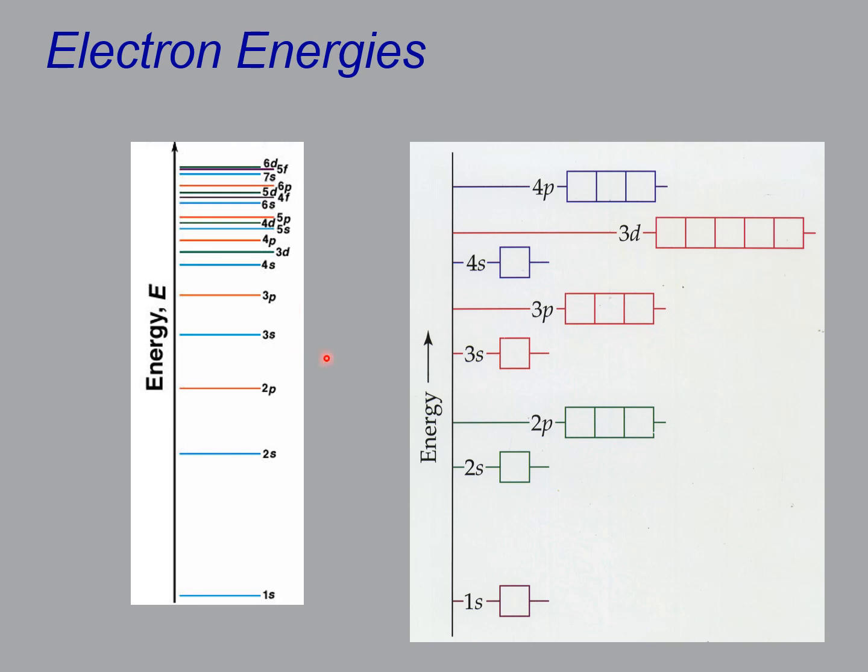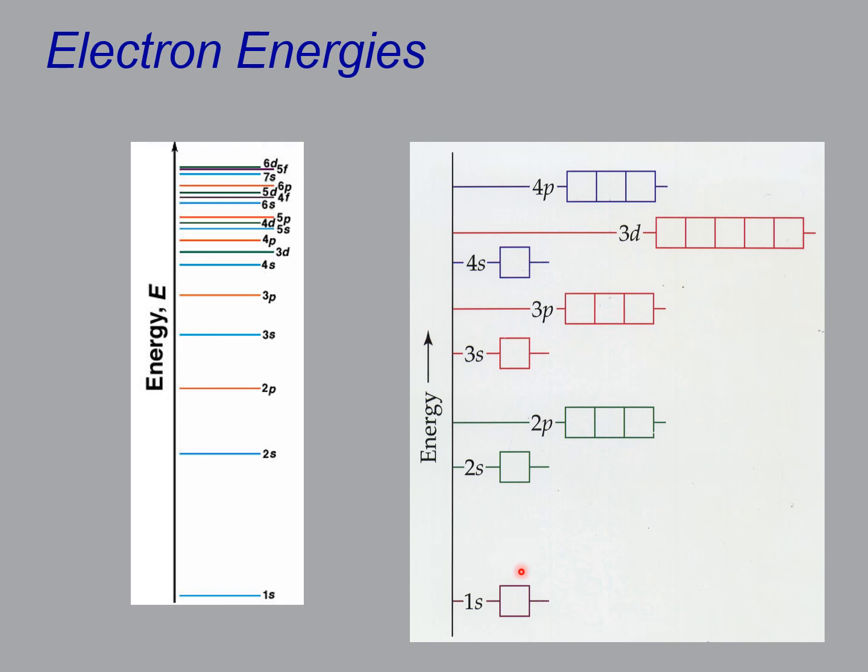We talked about this last time when we learned about shells and subshells. Note that the number of electrons you can have of each type depends on whether it's an s subshell, a p subshell, or a d or an f subshell. But it's consistent within each type.